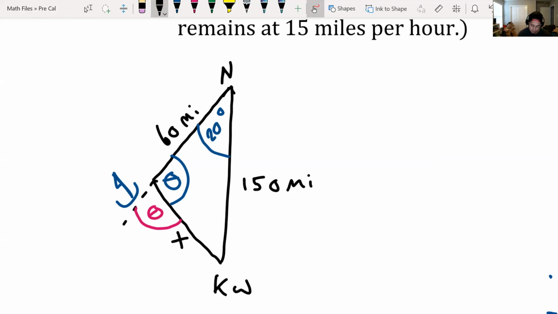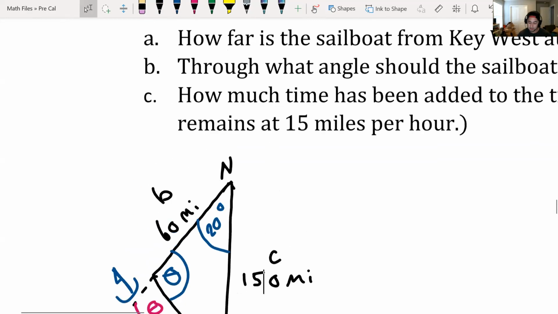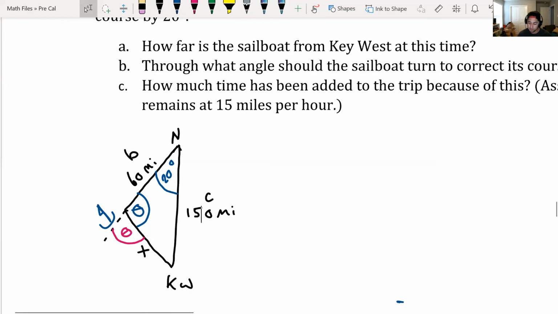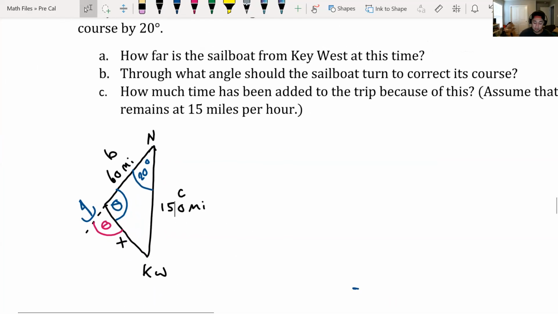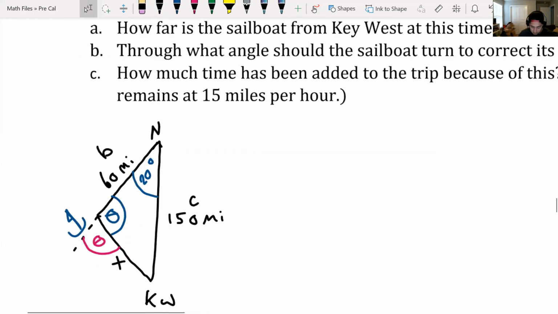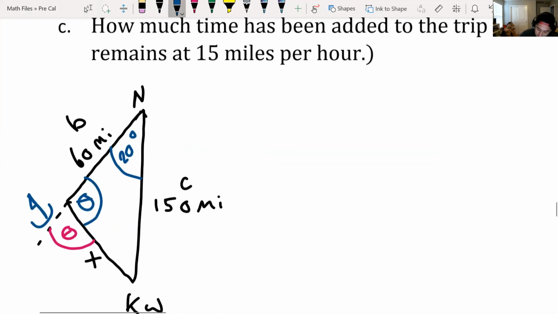So let's put some labels on stuff, right? So let's say that this 60 miles, we'll name it B, and this 150 miles, we'll name it C. Okay, so the first question says, through what angle should the sailboat turn to correct its course? So this means that we're gonna look for that blue angle of theta first. So that's gonna be our first problem.